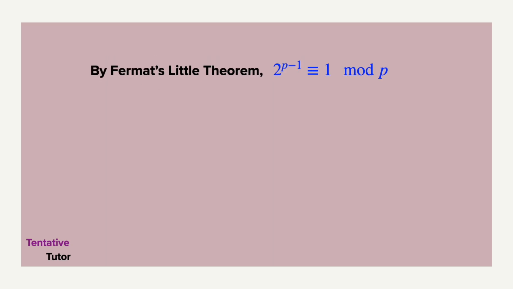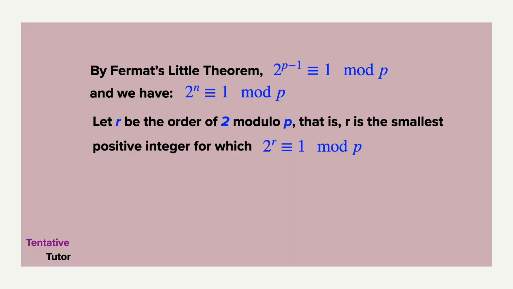But by Fermat's little theorem, 2 to the p minus 1 is congruent to 1 mod p. So we have both 2 to the p minus 1 and 2 to the n congruent to 1 mod p. Let r be the order of 2 mod p. That is, r is the smallest positive integer for which 2 to the r is congruent to 1 mod p.